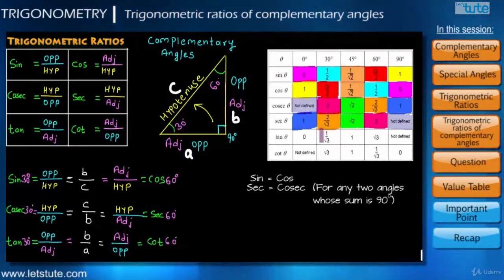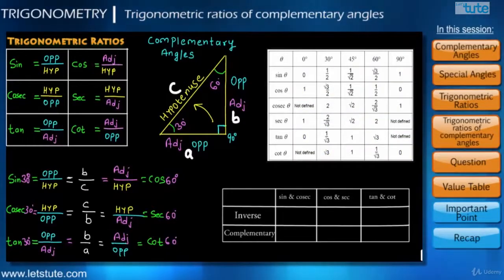And again if I cross check with this table, the value of tan 30 is equal to 1 upon root 3, which is same as the value for cot 60. And similarly you can check the value of tan 0 is also same as the value of cot 90, and so on.